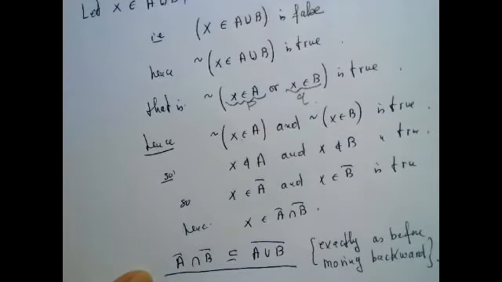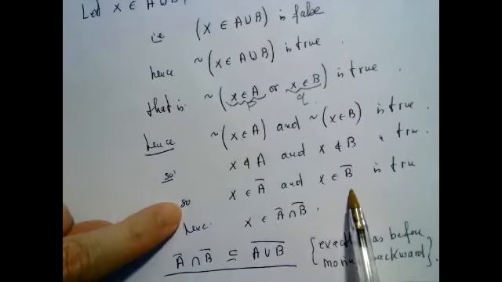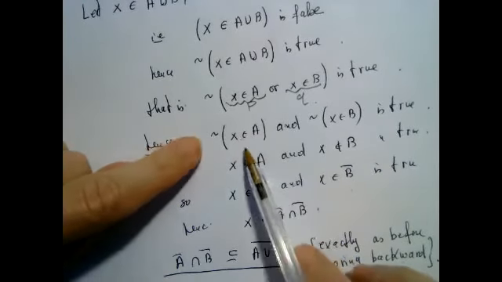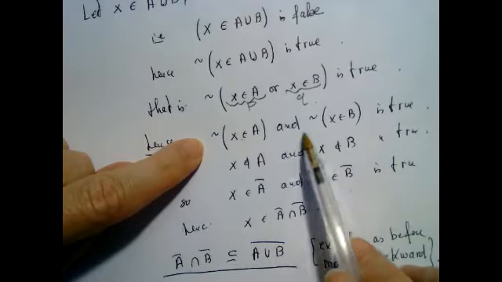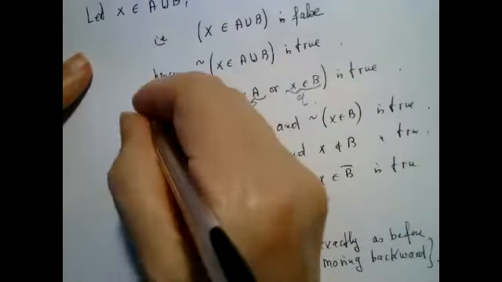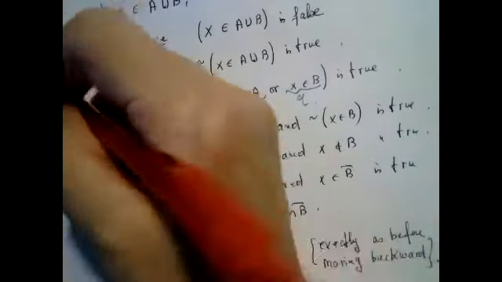It means we start with X in here. It means X in A bar and in B bar. It means X not in A and X not in B. It means the negation of X in A and the negation of X in B is true. From here to here, that's where I'm using De Morgan's law of logic.